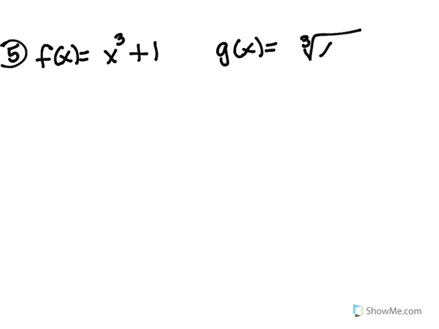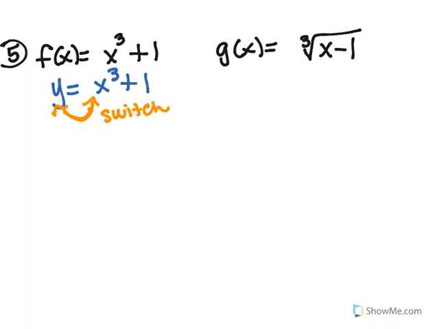Next example, f of x equals x to the third plus 1. G of x equals the cube root of x minus 1. So again, we know that f of x means y. And I'm going to switch places with my x and my y. So I'm going to have x equals y to the third plus 1.